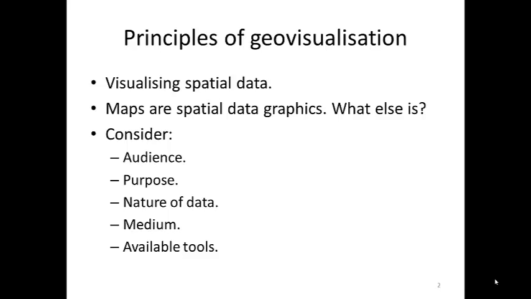Simple table, even. So it doesn't have to be a map to represent spatial data. You could have an entire GIS with no visual front end, it would still be a GIS. Right? It's just a database that includes spatial data. So you can think quite broadly about this, and that means that you could have maps tied in with other sorts of visualizations.